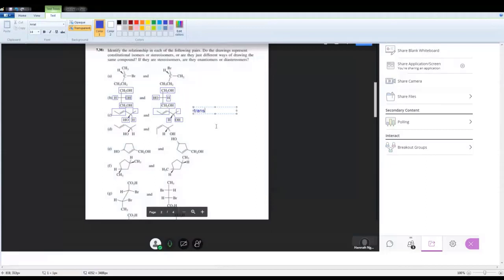The first one, on the left, is trans and R, and on the right, this is trans and S. And because of that, they end up being enantiomers.